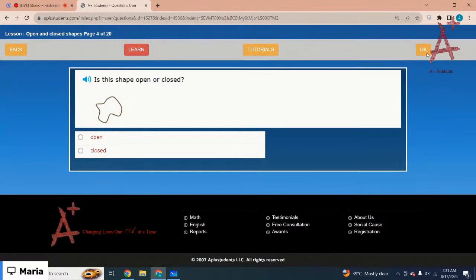Is this shape open or closed? If you trace the shape, you start and end at the same point, right? That means the shape is closed.